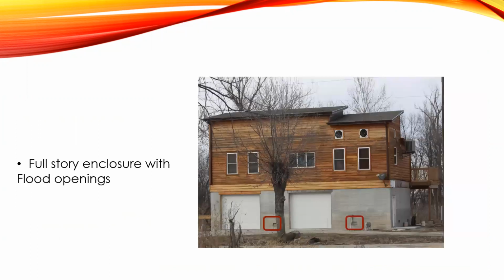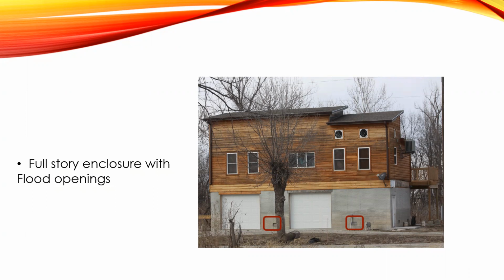And then another enclosure, this is the full story enclosure, so this would be a diagram 7. Basically they have a full story garage that is a complete garage, the same size as the rest of the house underneath, and you can see the flood openings there. On this structure, you can also see the high water line where this house was inundated for about 2 months after, I think it's the Missouri River that it's adjacent to.